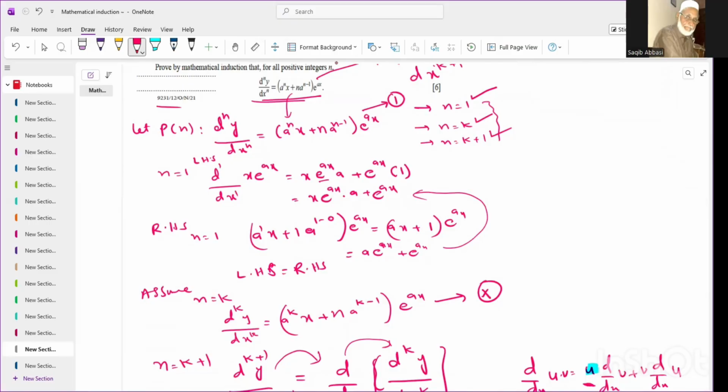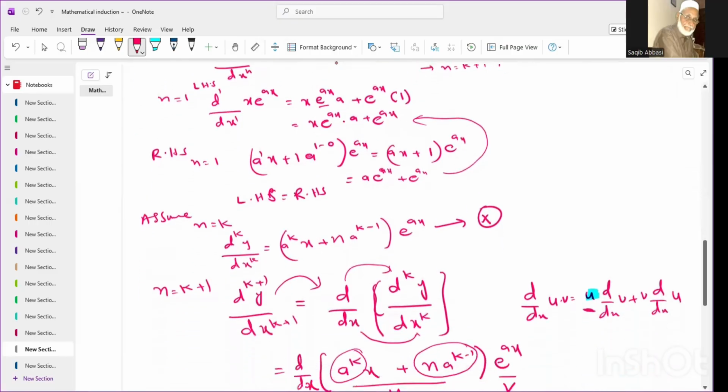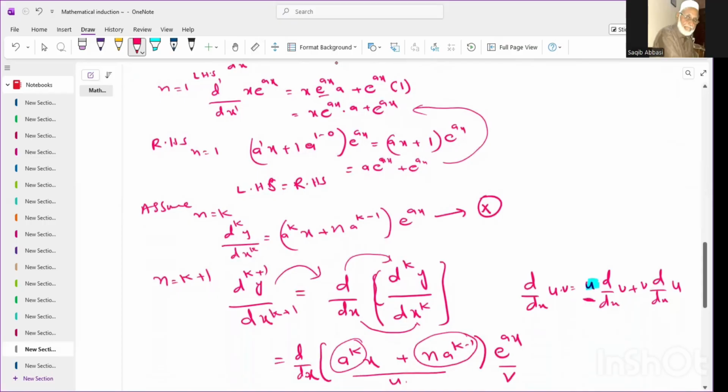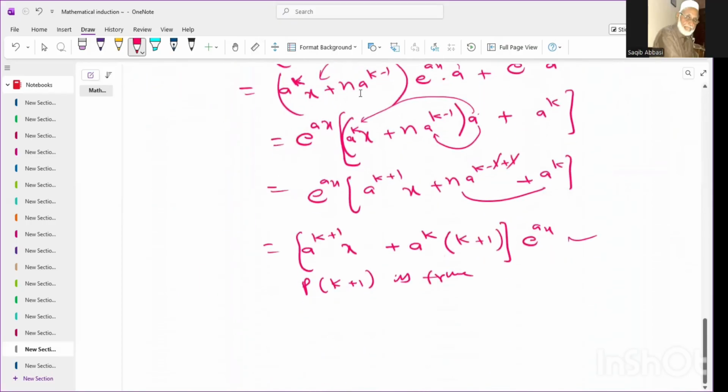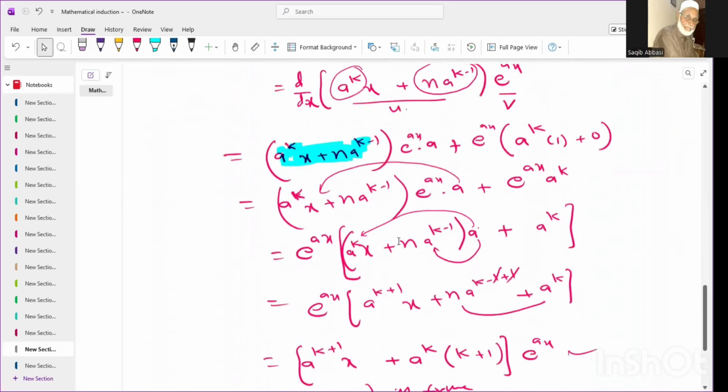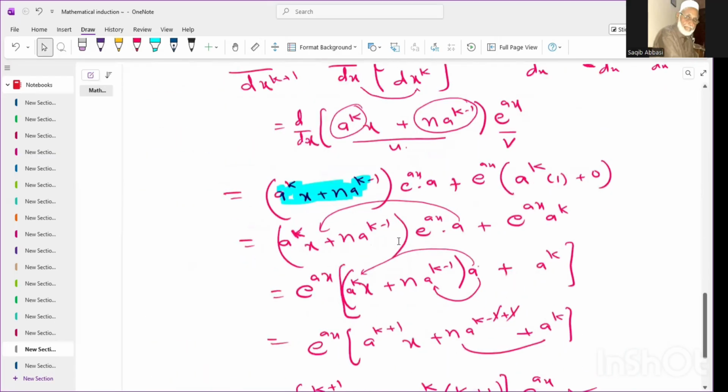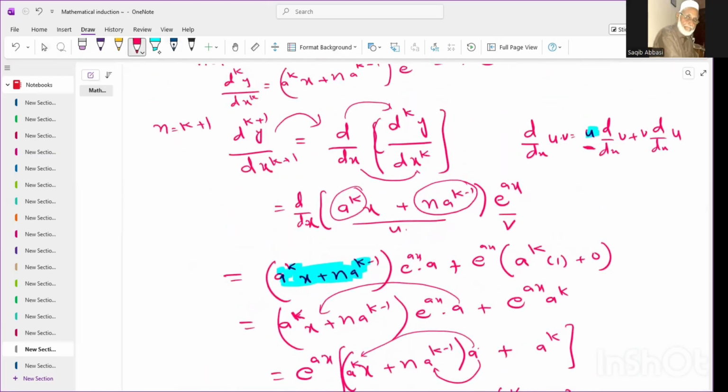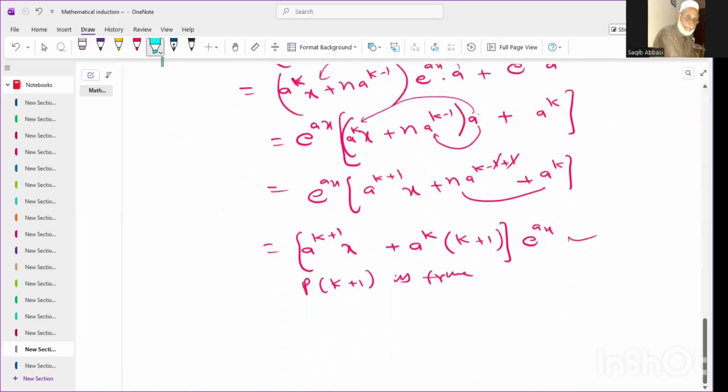After putting n equal to k plus 1, we get our final answer. We solve the left-hand side and get the right-hand side for n equal to k plus 1. That's it. This is our complete question.